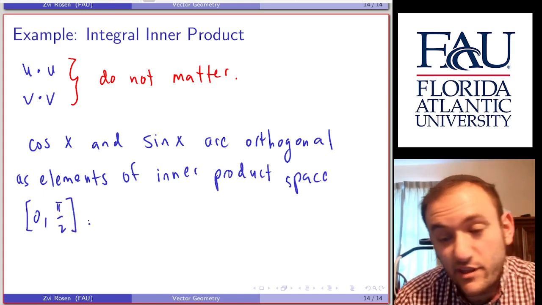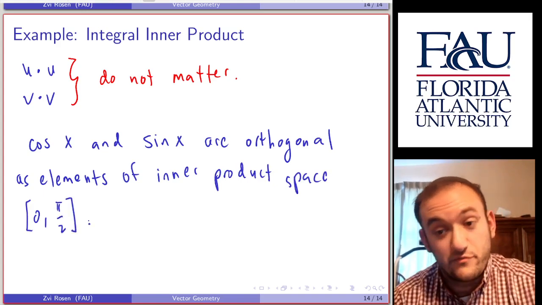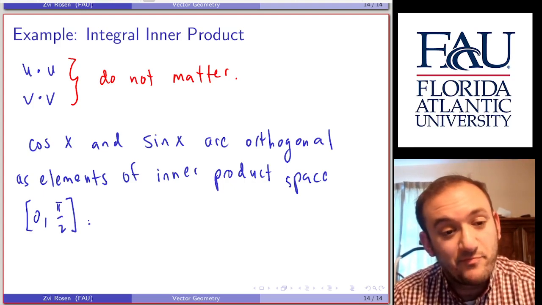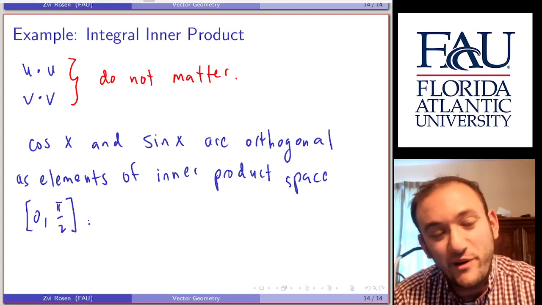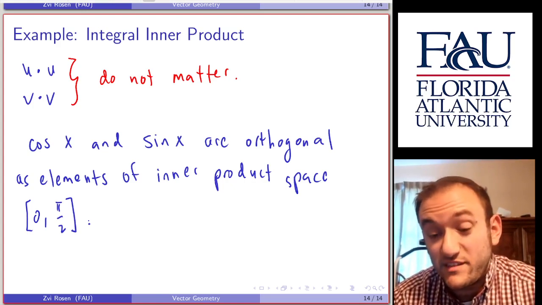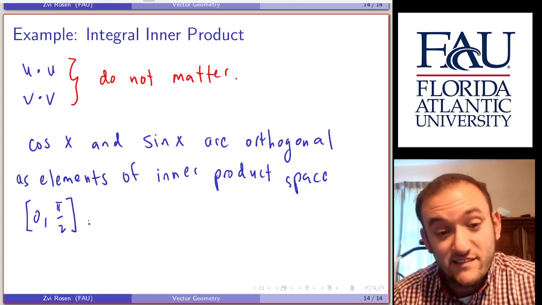And this is actually a really important fact which comes up in the topic of Fourier analysis, which some of you might encounter in the future. But for now, just consider how weird this statement is, but how the various definitions we've made up to this point have made this completely reasonable.